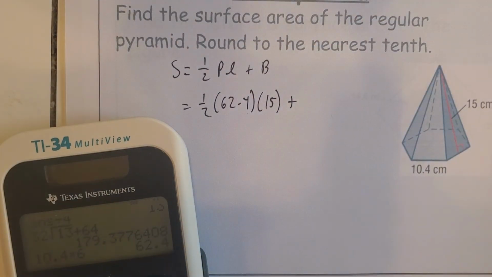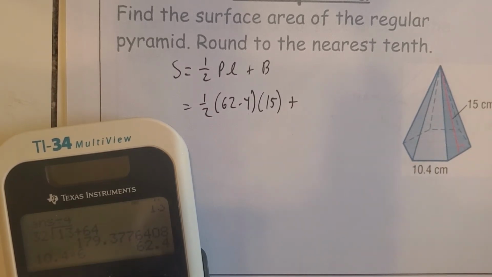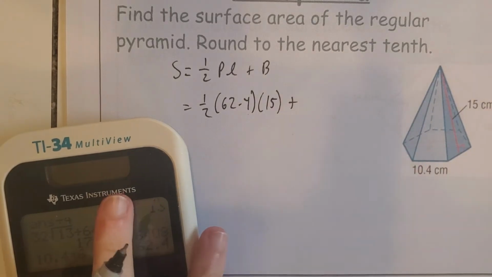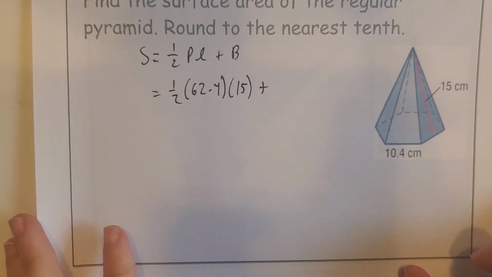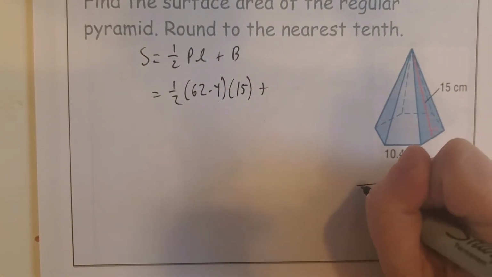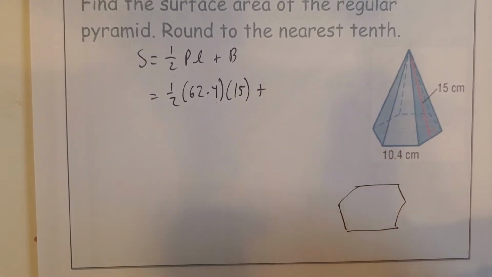And the problems come when we have to find the base. Because this is one of those 1/2 apothem times perimeter kind of things that you would have to use for regular polygons. So I'm going to see how much I can fit in right down here. If this is our hexagon, pretend that's a regular hexagon.